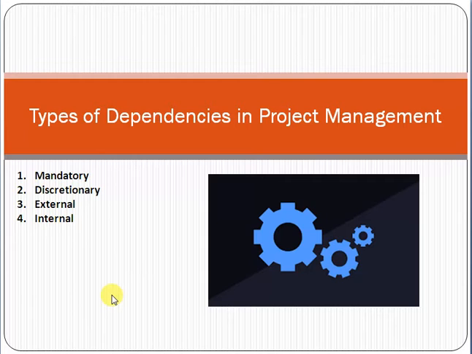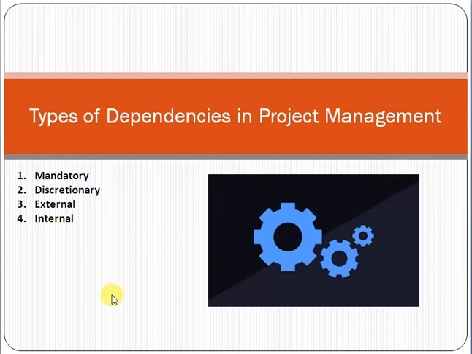So this is the relationship among the activities. Dependency means the relationship among the activities, how activities are dependent on or related to other activities. This is the concept of dependency in a project.